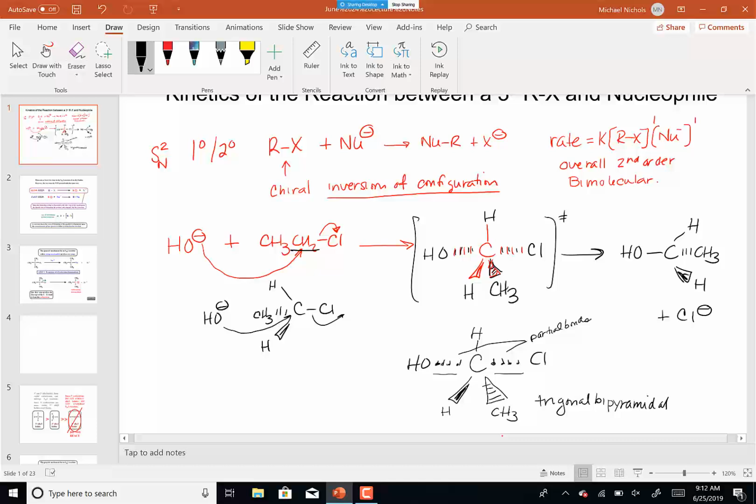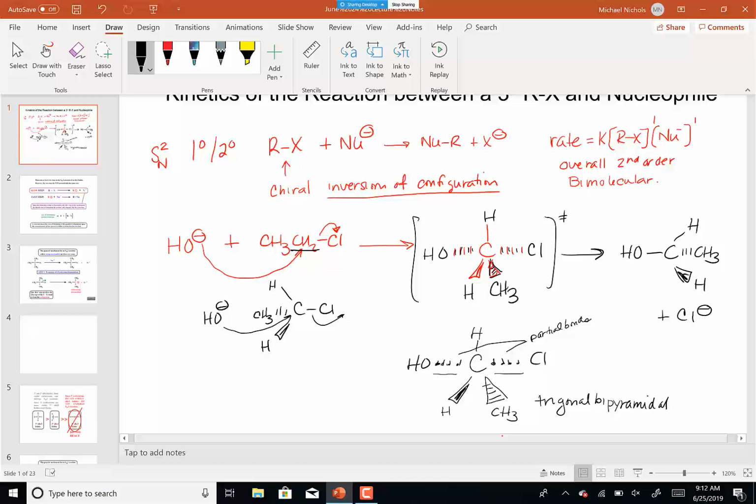So in the transition state, basically what you see me doing is what we did with the resonance hybrid a couple weeks ago. The transition state is the average between the reactant and the product.